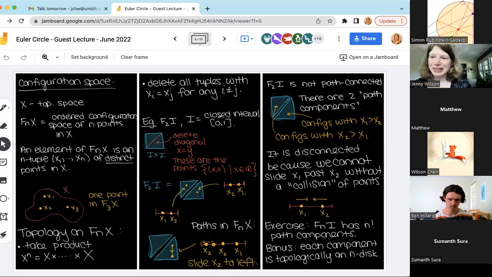Another cute example that is currently being studied in robotics. I know less about this. This is an application I don't have a lot of background in, but it's a model for if you are interested in modeling how to get robots to, for example, move along a factory floor in an efficient way.